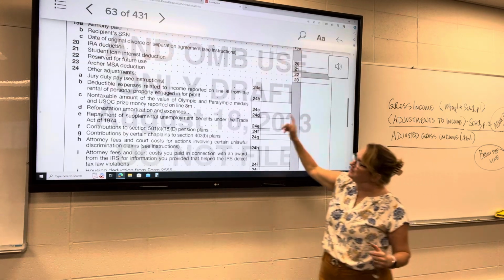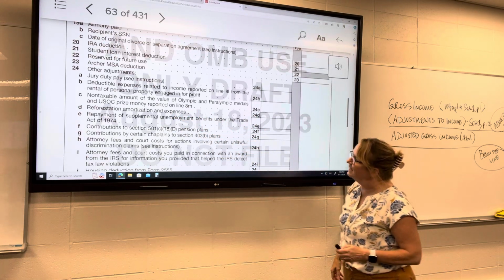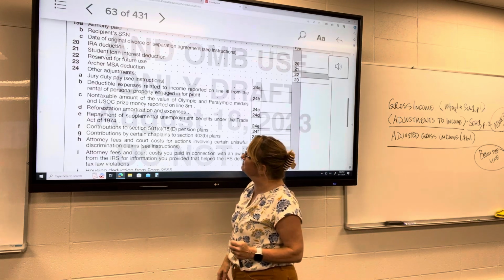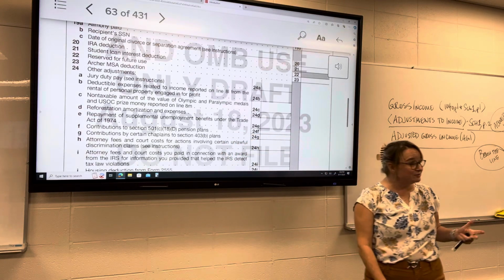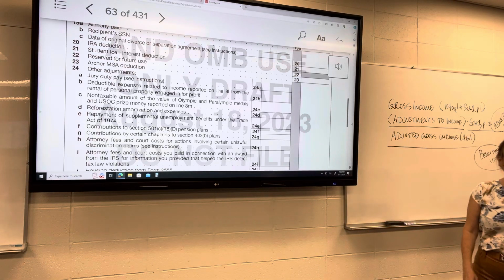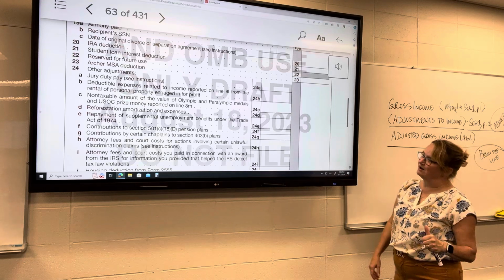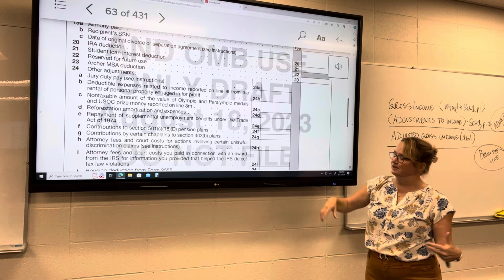Some of the non-taxable amount of the value of Olympic and Paralympic medals and U.S. Olympic Committee prize money. If you win a medal at the Olympics, they're taxable, but apparently there can be some non-taxable portions. So you put the gross amount in one area, and then you would subtract out the non-taxable part.